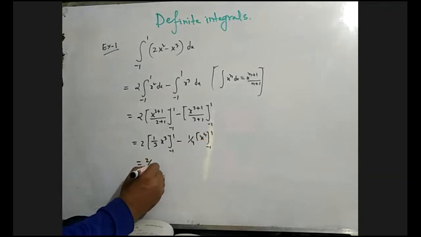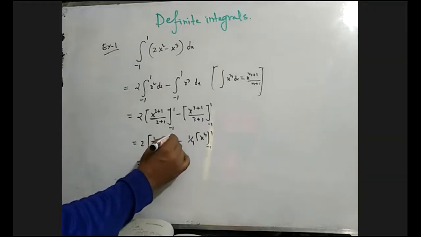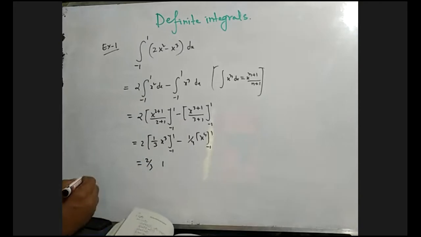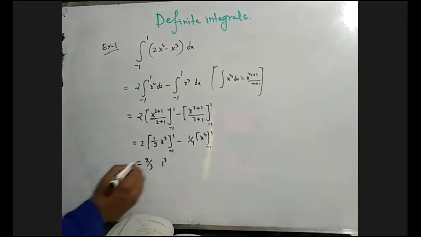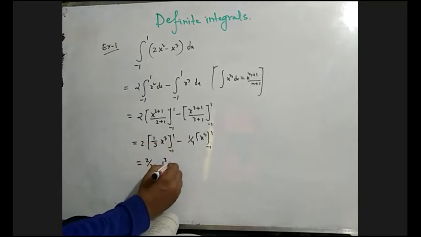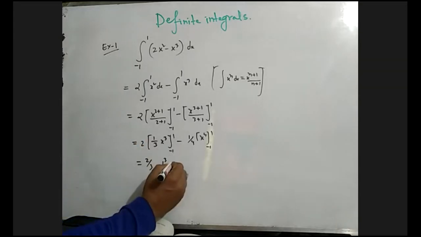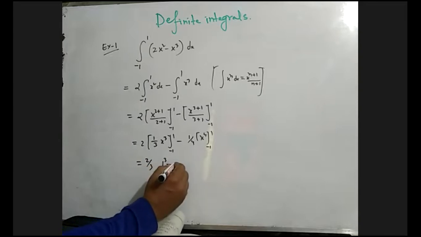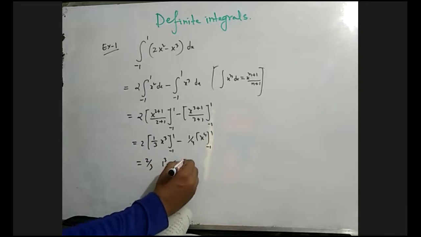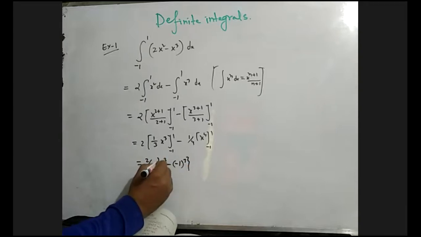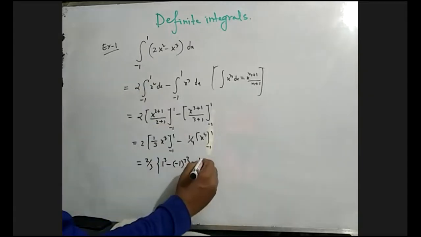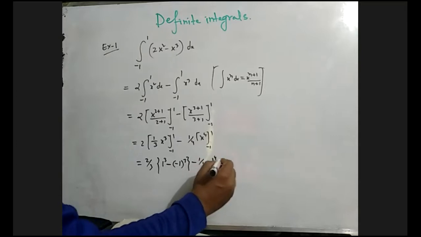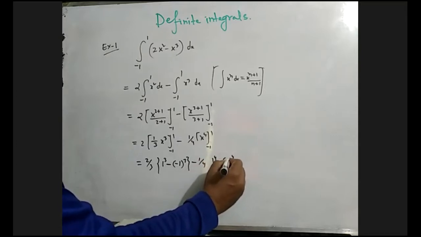Now for the first part, 1 by 3, this is the x value. First of all, upper limit: x equals 1, then 1 cubed. We put in the value of x, then after putting the upper limit, we give a minus, then the lower limit. Similarly, in the second part, 1 to the power 4 minus (-1) to the power 4.